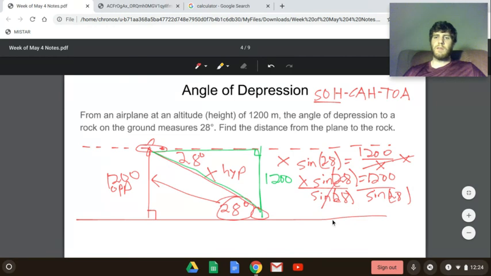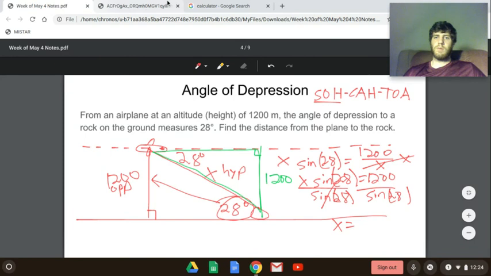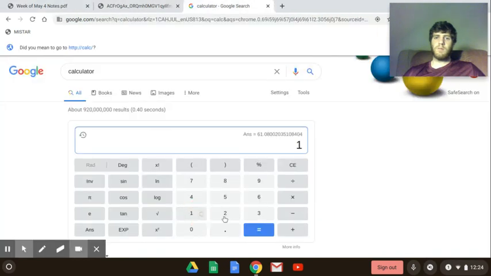So that cancels, and we're left with x equals 1,200 divided by the sine of 28. So x is going to be, what was it? 1,200 divided by the sine of 28. Okay, we hit enter.